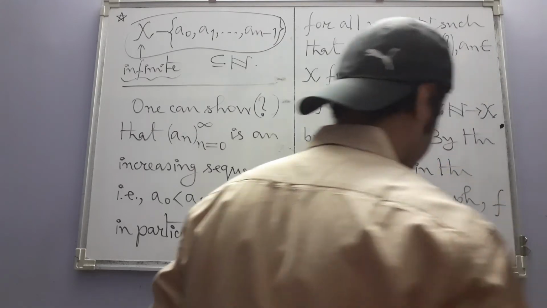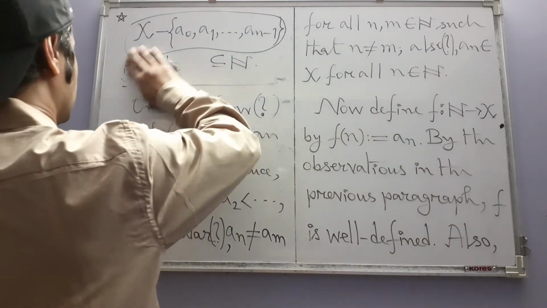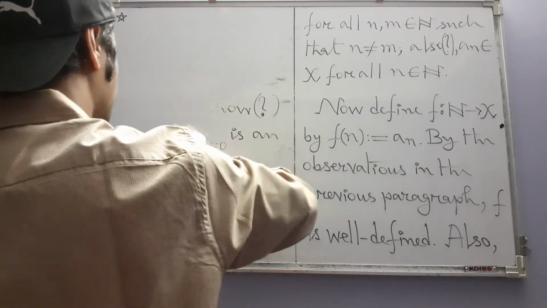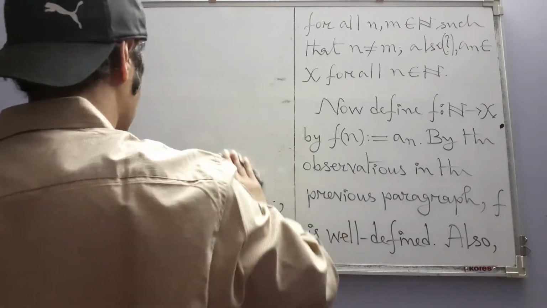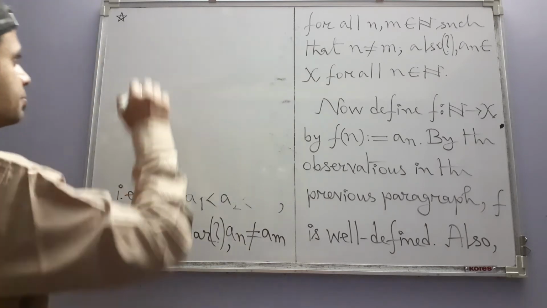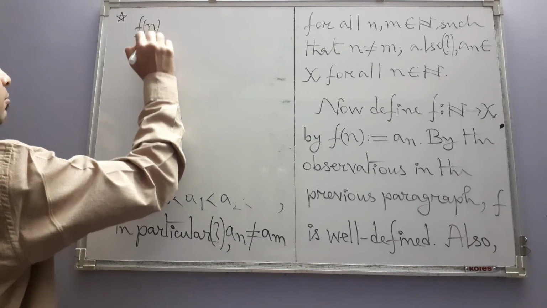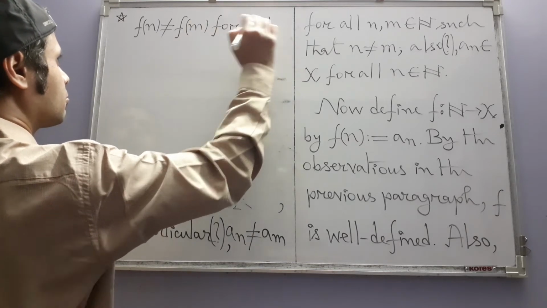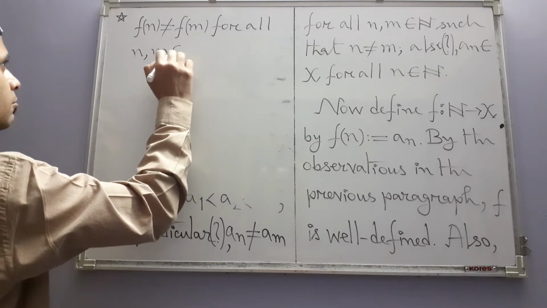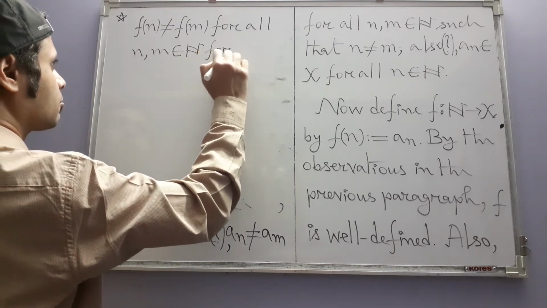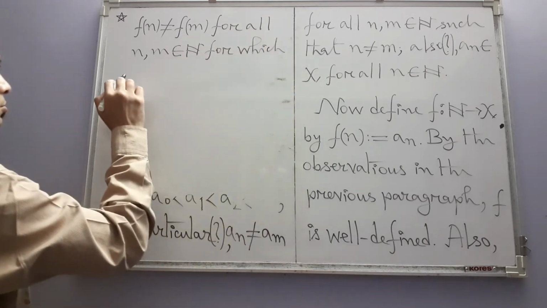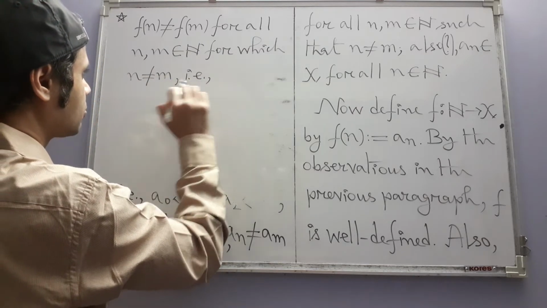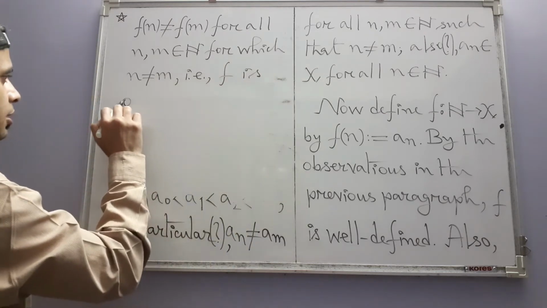Also, if n and m are different inputs, then the corresponding outputs an and am are also different, for which n is not equal to m. That is, f is one-to-one.